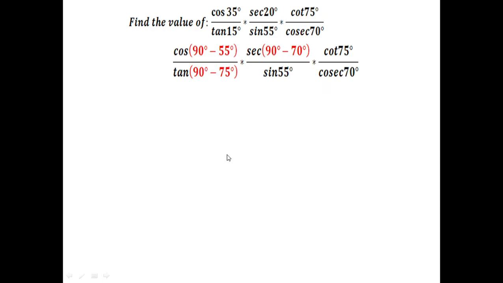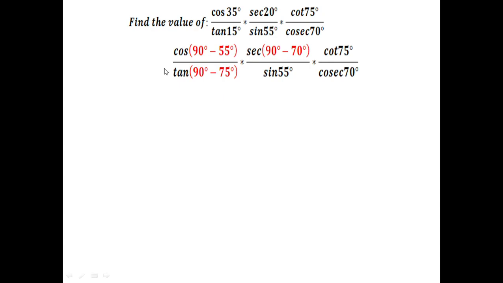Now the next statement, what shall we get? Cos 90 minus theta is sin theta, tan 90 minus theta is cot theta, and sec 90 minus theta is cosec theta. Just now we have discussed. So instead of writing cos of 90 minus 55, we can write sin 55. Instead of writing tan 90 minus 75, we can write cot 75.